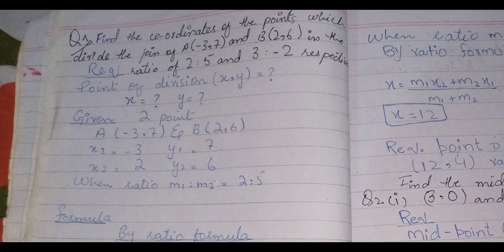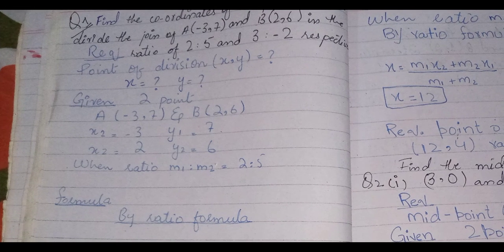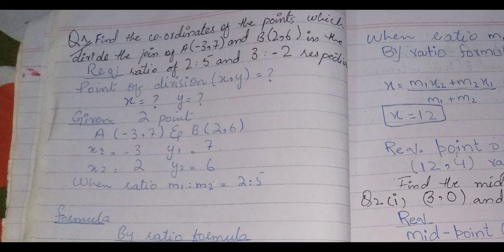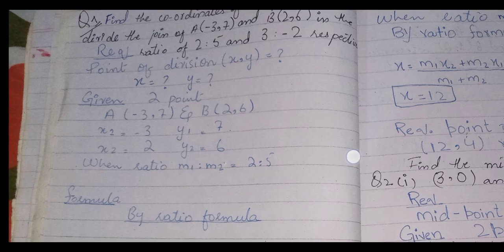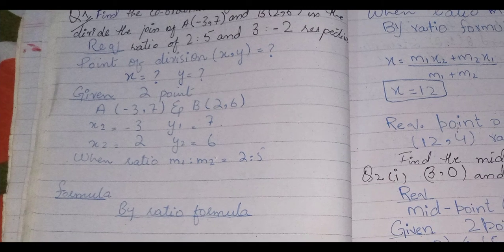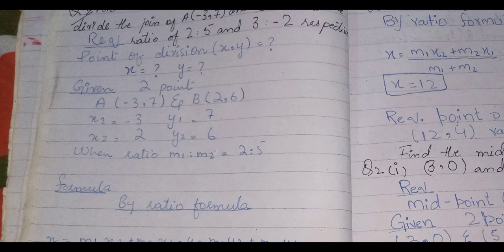We have to find the point of division and its coordinates, x coordinate and y coordinate. We don't know the x and y coordinates, so they are required. What we have been given is the 2 points, both a and b, which are the corners of the bar or any given material, and both have an x coordinate and y coordinate.